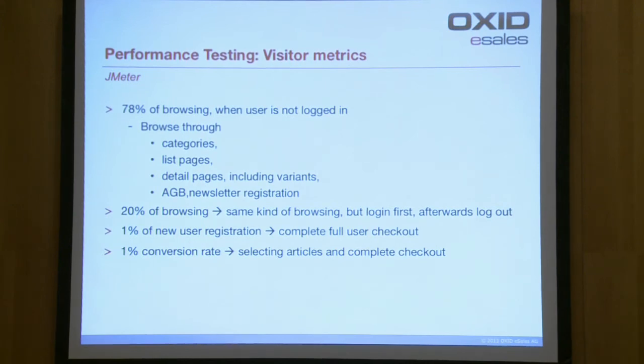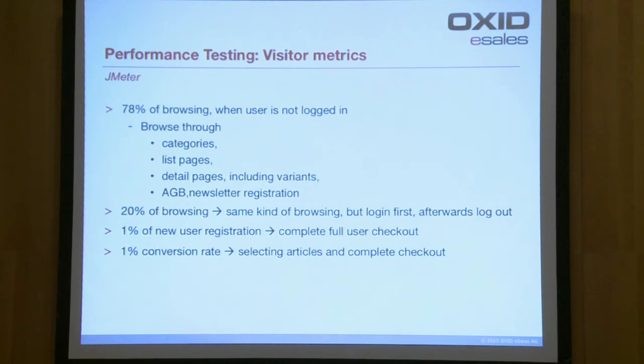We had 20% of people browsing, but they actually did log on, so they were a known user. They did all the stuff that the anonymous user also did, categories, list pages, detail pages, searching, all the stuff a normal user is expected to do. And in total, the shop had a conversion rate of 1%. That means they were going through the shop, selecting articles, putting them in the basket, going to checkout, paying for it, and leaving.